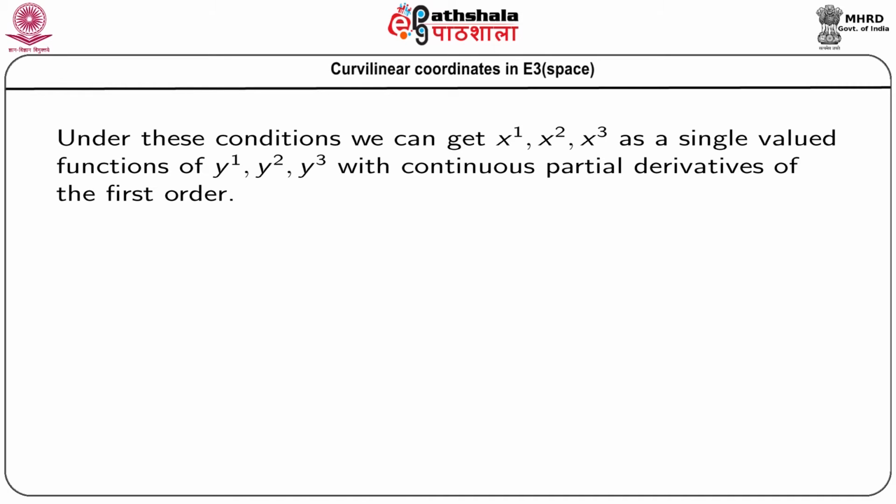Under these conditions, we can get x1, x2, x3 as single valued functions of y1, y2, y3 with continuous partial derivatives of the first order. So, the inverse transformation exists for this type of equation.